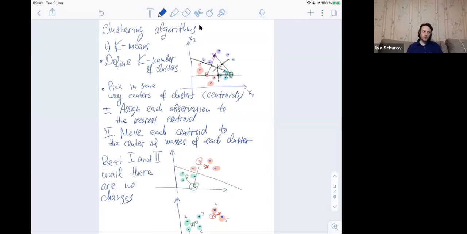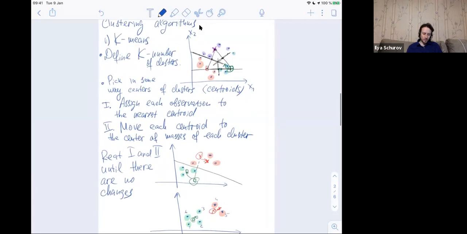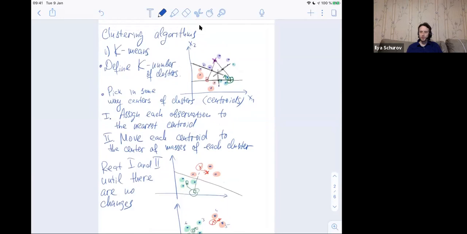Well, it usually doesn't prove anything. If you have a hypothesis that you have 3 clusters and then you run these algorithms, it will give you 3 clusters in any case. And so in a sense, it doesn't prove anything. But sometimes it is useful just for some observational purposes.